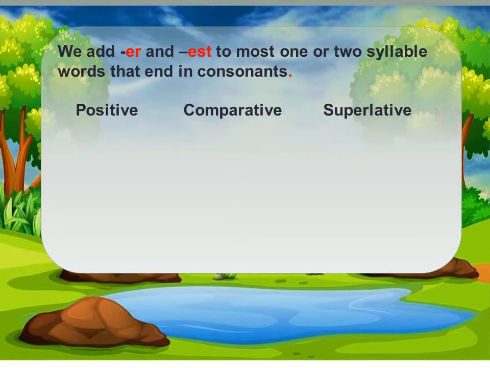To form the comparative and superlative forms of an adjective, we have to remember some rules. First, we add er and est to most one or two syllable words that end in consonants.